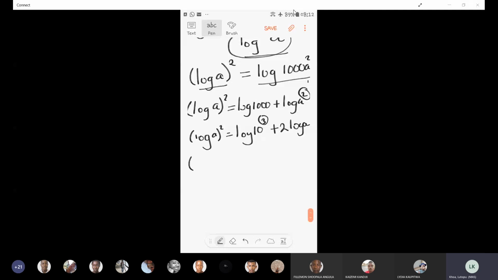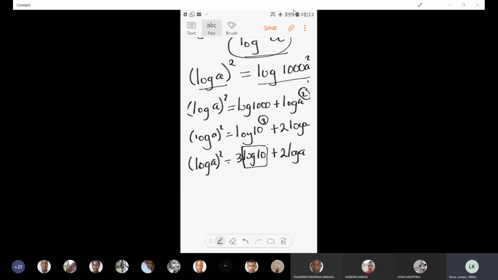So again, this is log a squared, and this is equal to 3 log 10 plus 2 log a. Now log 10 over here, this is log of 10 to the base of 10.